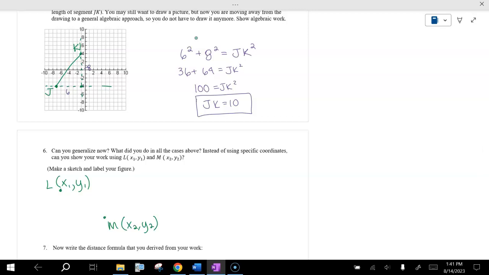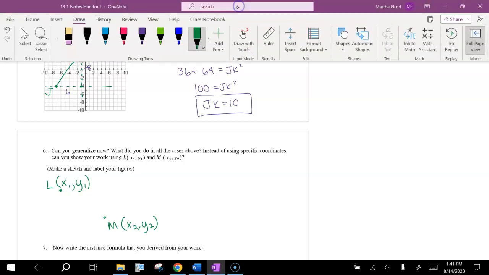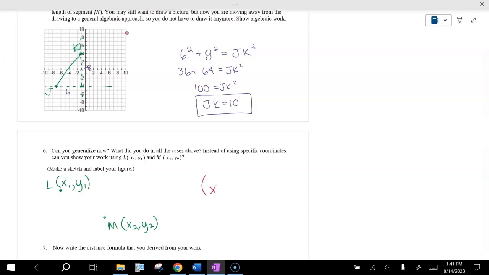Now, like in the previous one, when we found that this was 6, we were really just taking the difference in our x values. So we could generalize this by saying that we have (x1 minus x2) squared, the difference of our two x values, plus the difference in our y values, (y1 minus y2) squared, and that's going to equal the distance squared.